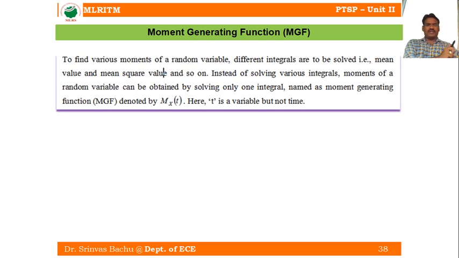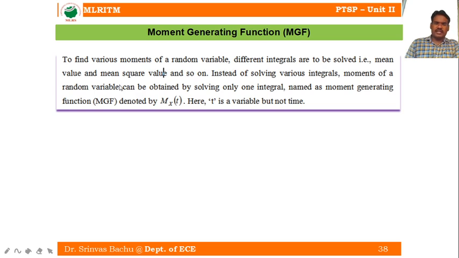To find the various moments of a random variable, different integrals are to be solved: the mean square value, third moment, so on, the variance, etc. Instead of solving these various integrals, moments of a random variable can be obtained by solving only one integral named MGF, moment generating function.